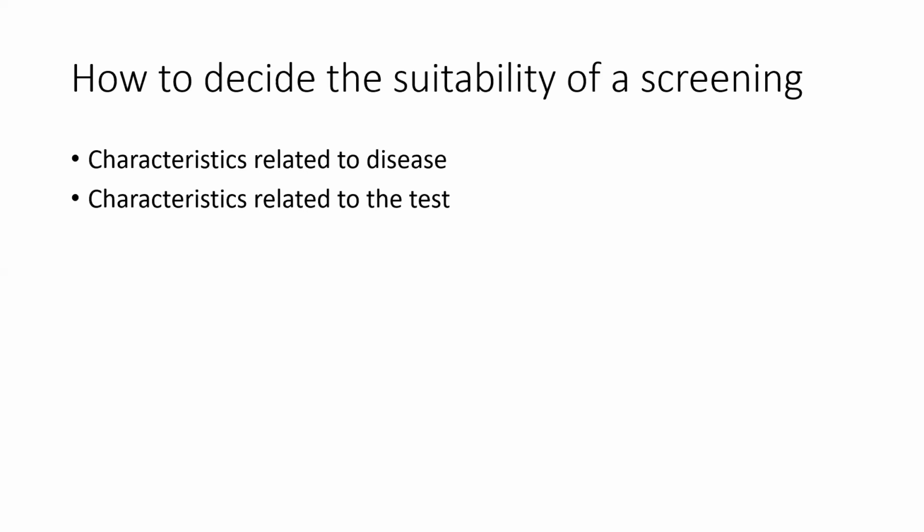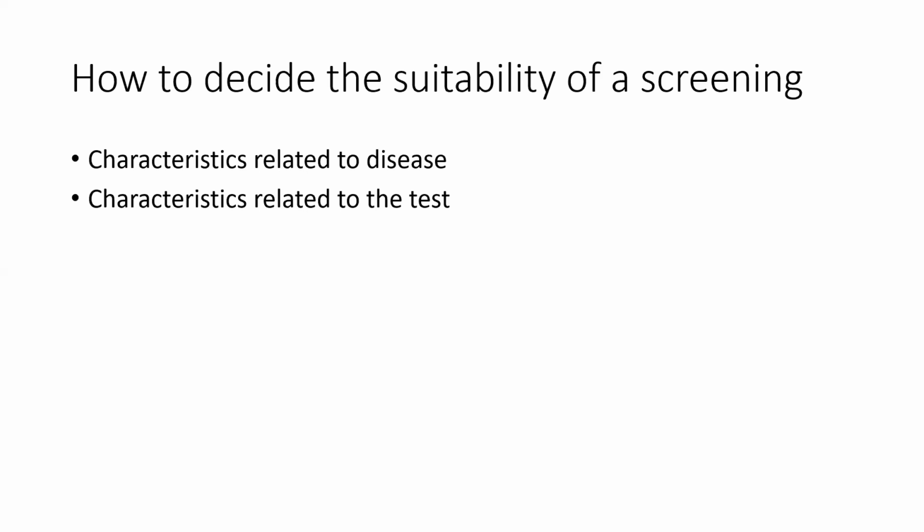To measure that, we mainly use sensitivity and specificity. Positive predictive value and negative predictive value are two other parameters. There are several other parameters also, but the major ones are these.